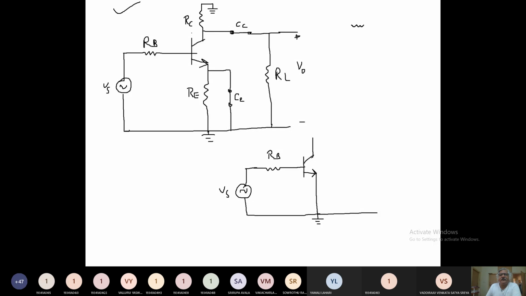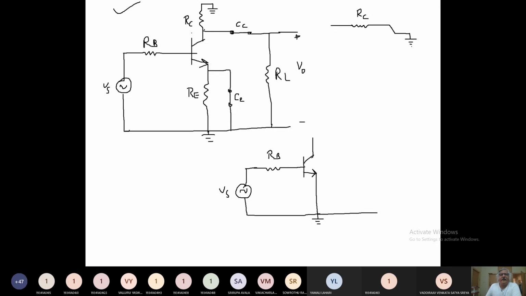This is one RC resistance. Okay, this is RC. One end of the RC is connected to ground, right? So I connect it to ground.